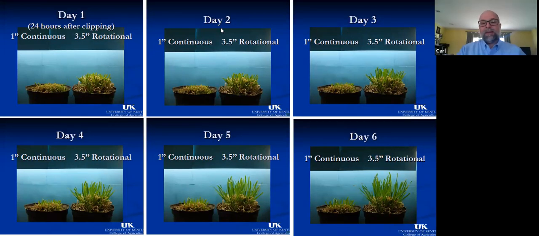So Bill is asking if this four-leaf rule is true for diploid varieties or just tetraploid varieties. That diagram showed perennial ryegrass, and perennial ryegrass comes in both diploid and tetraploid varieties, tetraploid varieties tending to have wider leaves. To be honest, I don't know.